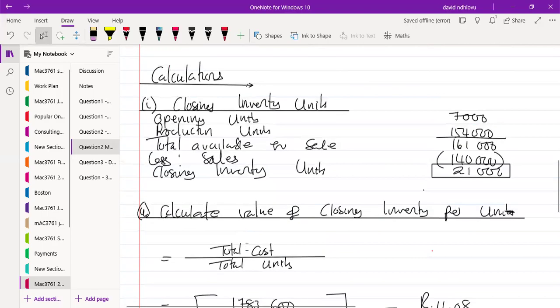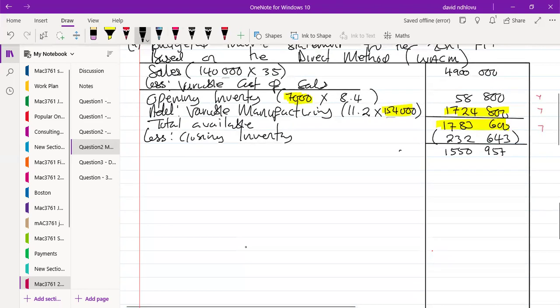So this time we took our total available for sale, which includes both opening and current production. But we are cognizant of the fact that that total cost includes the 7,000 in opening inventory and the 154. So that is how we do the calculation.